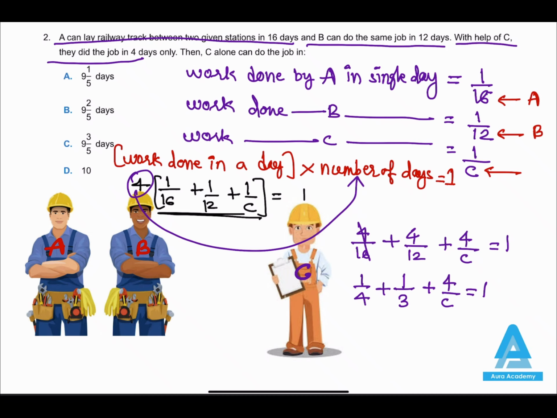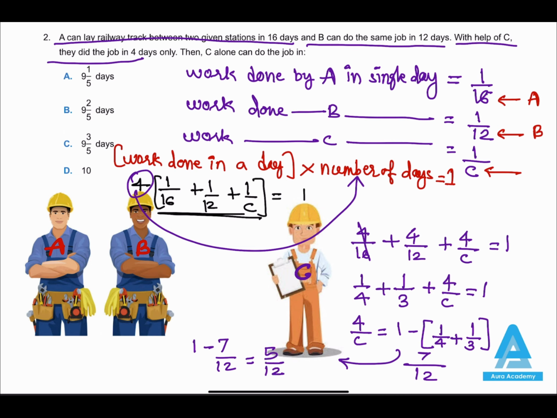Now here you can say that 4 by C is equal to 1 minus 1 by 4 plus 1 by 3, which is 1 minus 7 by 12, equal to 5 by 12.